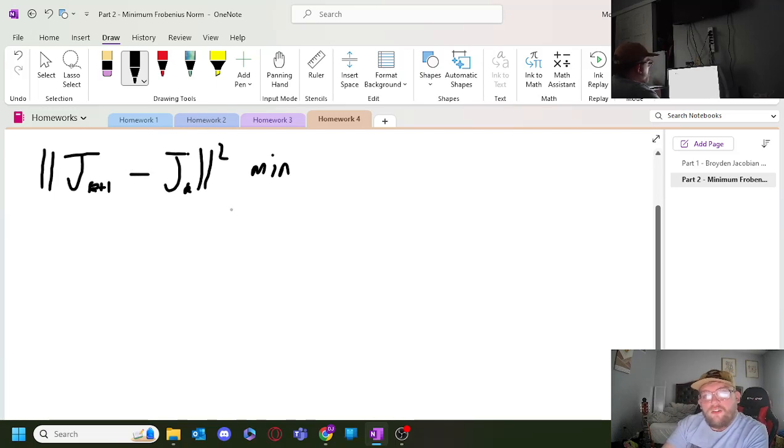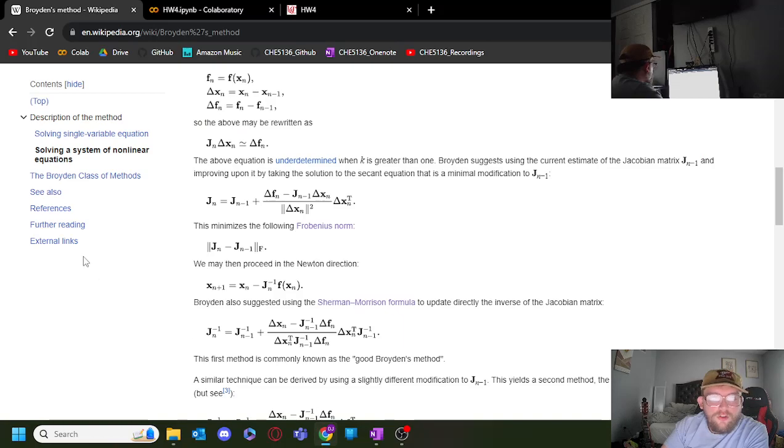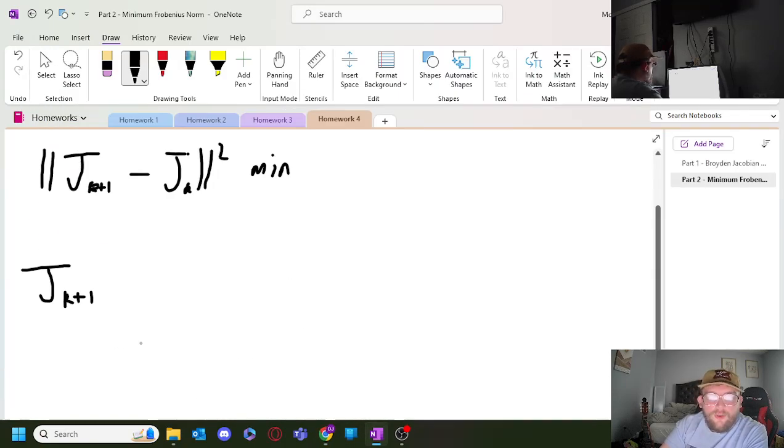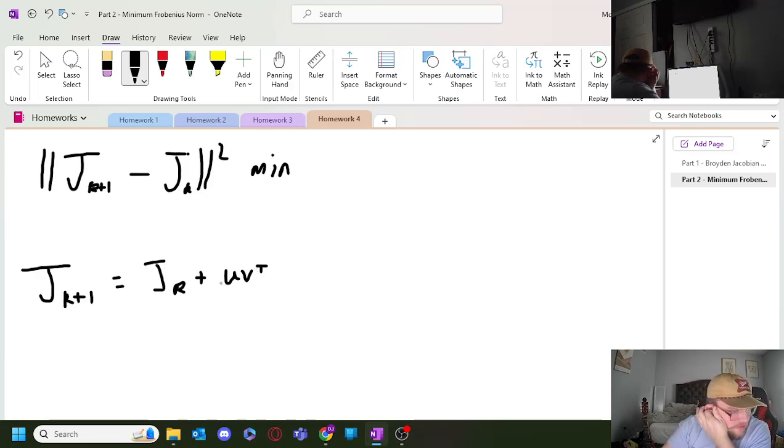So the first step in doing this is, if you recall, Broyden used a Sherman-Morrison formula to update the inverse. Now we can use that same format for updating a matrix: the outer product of u v, two vectors, as such.